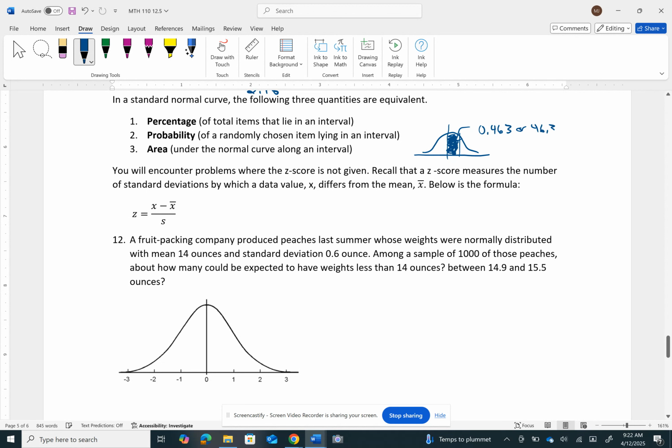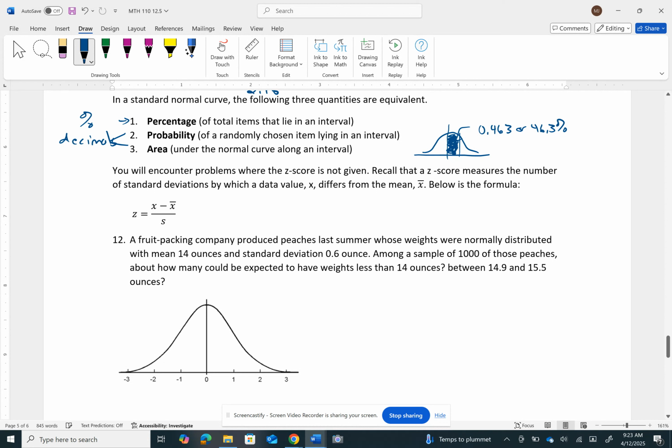So sometimes you say there's a 46.3% chance, but typically probability and area are normally written as decimals, okay? But it's also telling you the percentage of all the items that would lie in that interval. So these two are normally decimals, and this one is normally written using a percent, okay? But all of them are done the same way.